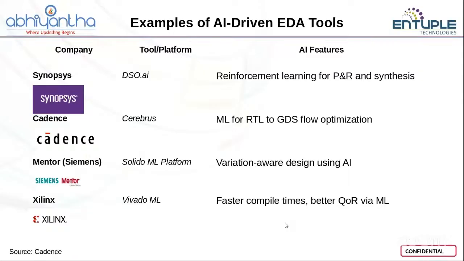Then Xilinx has added Vivado. Previously there were the Xilinx ISE tools. Now the entire ISE suite can be removed, and the future will be the Vivado tool only, which is an ML based tool, for faster compile times, better quality of results, and prototyping.